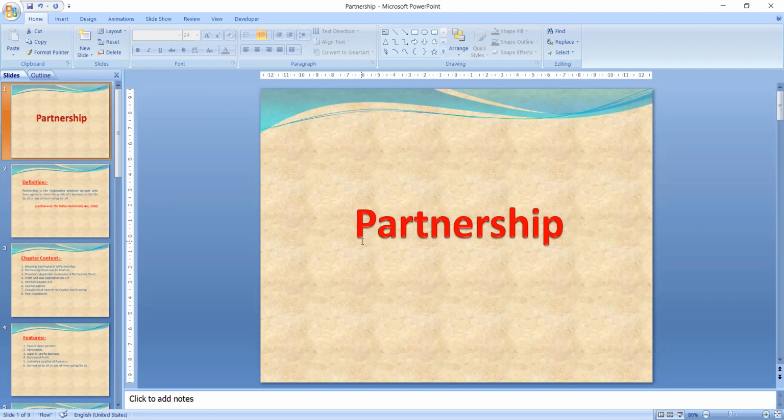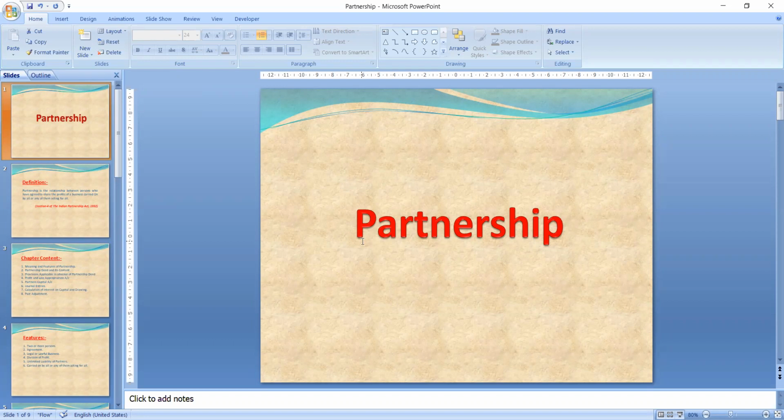Partnership is a group of people deciding to start a business involving a contract, a partnership deed. In simple words, partnership is a relationship between two or more persons who have agreed to start a business and share the profit or loss, means result of that business.